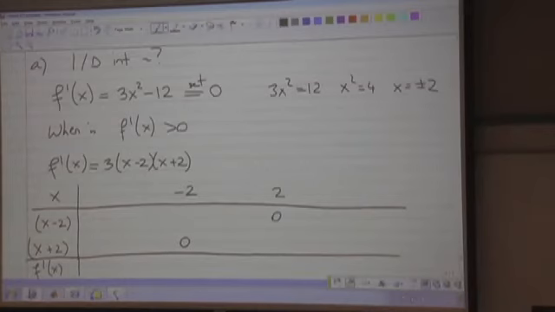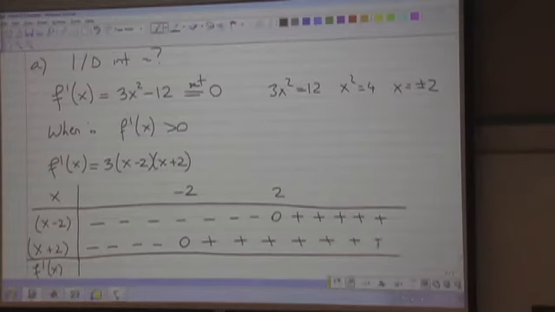x minus 2 is a linear function. It will be negative until we hit 2, and it will be positive from 2 on. Is that making sense? x plus 2 will be negative up to negative 2 and positive from negative 2 on.